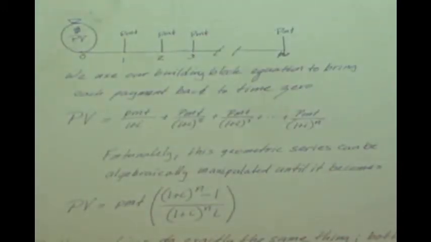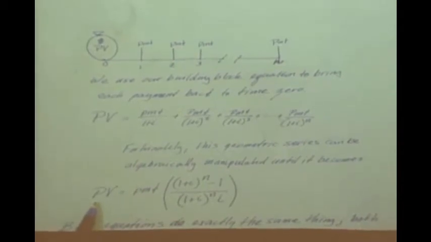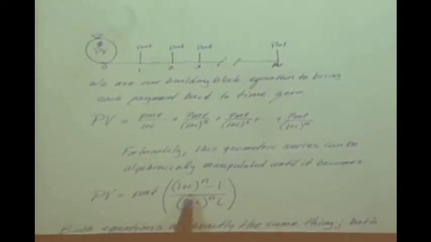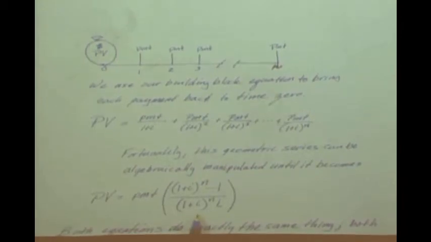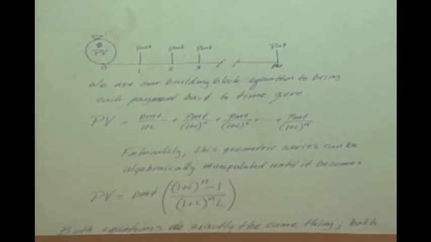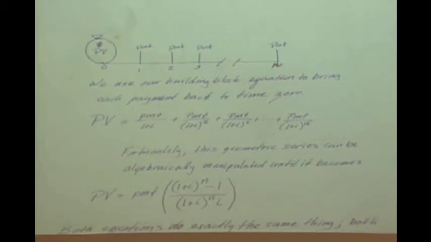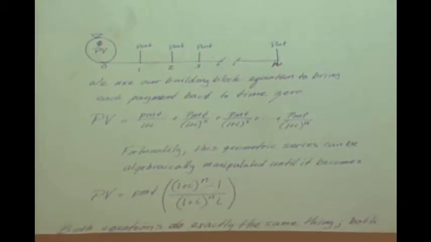That will walk you through the whole process of turning this open form into the closed form that we can use. And when n is very large, this is the equation we want to use. And this is the equation that is programmed into your financial calculators. Do you have any questions so far?